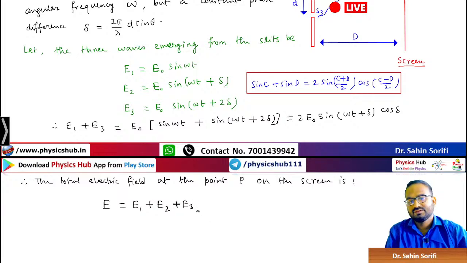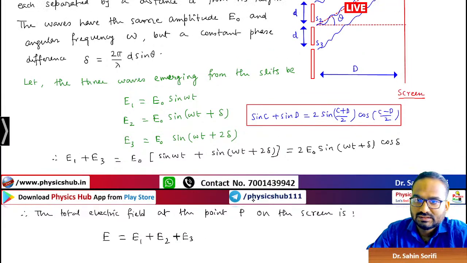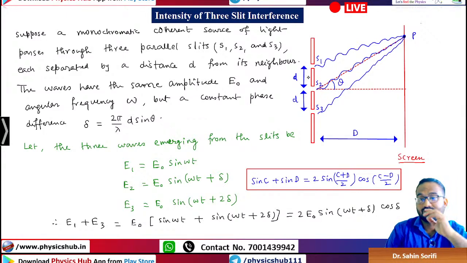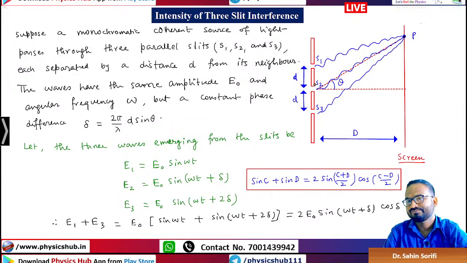You see, although these light waves reaching point P seem to originate from unequal distances, if you imagine the practical case, these slits are separated by a distance which is less than a millimeter, and the screen is placed at a much larger distance than this separation of the slits.